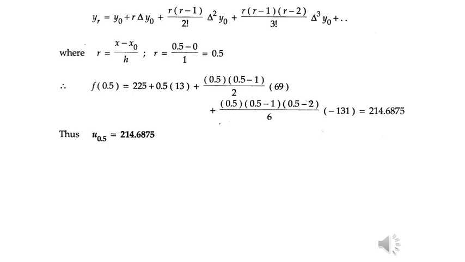Now how do we find r? Since it is Newton's forward interpolation formula, our r is of this form. Substitute the value of x as 0.5, at which we want the value of u, and put x naught from the table, which is 0, and simplify, you'll get the value of r as 0.5.